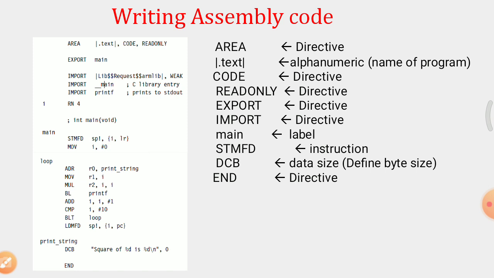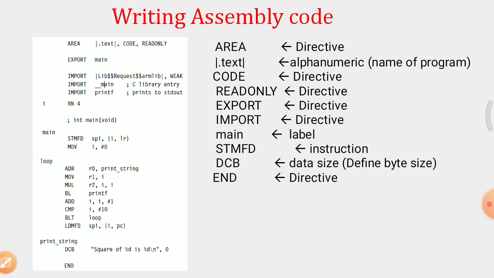The first one is AREA. In the first line, what we have written is AREA, then in vertical bars .text, comma, CODE, comma, READONLY. Each term defines some meaning. First we will see AREA.